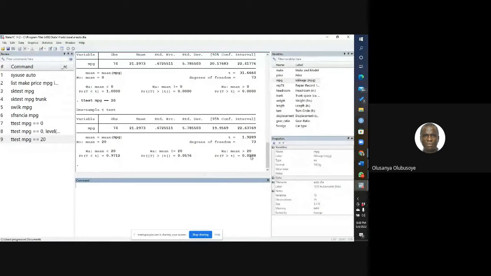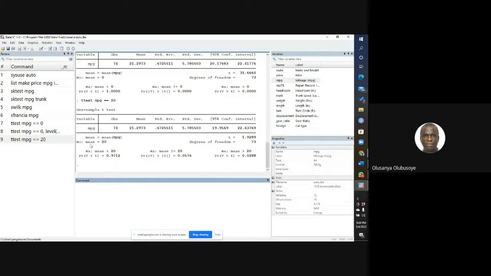So since it's less, we can reject that this is not greater than 20. But here we can accept that it is not equal to 20.